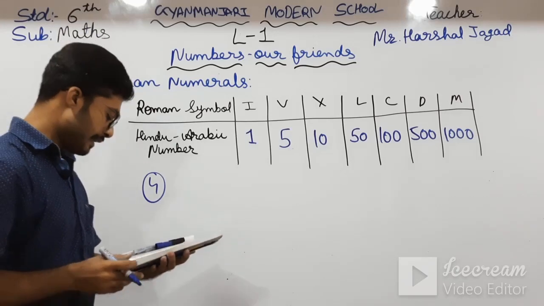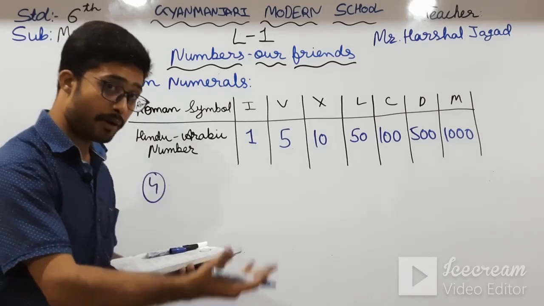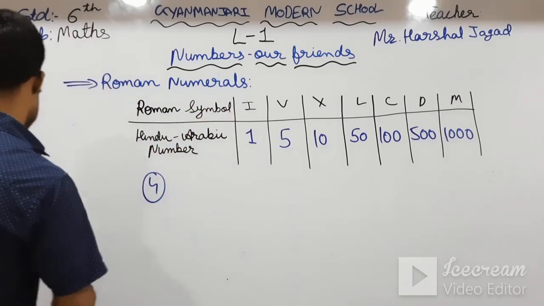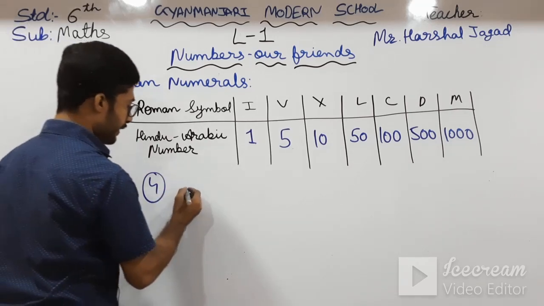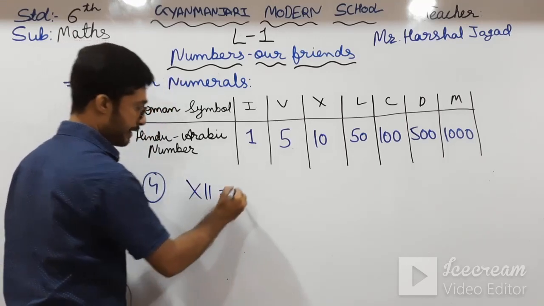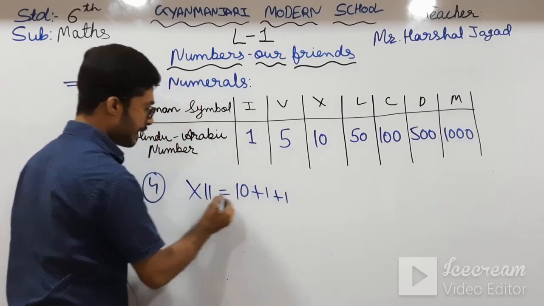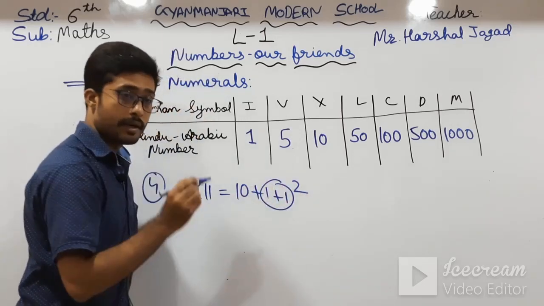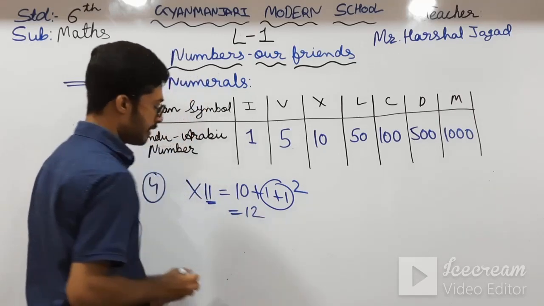Means if there is a smaller value written on the right side, then the value is added. Means if I take X, 2 I's, then 10 plus 1 plus 1, that is, here I can directly write 10 plus 2, because here there are 2 I's, so the value is 12.